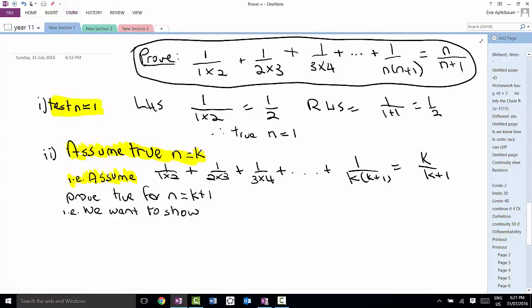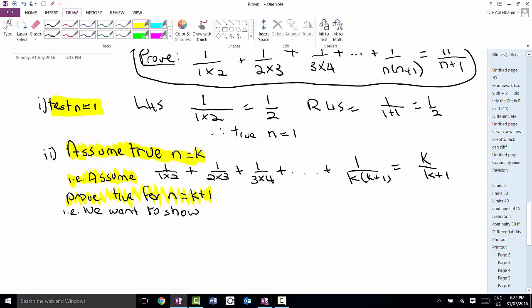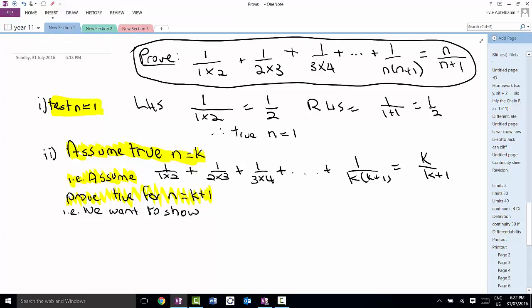Then we always write, prove true for n equals k plus 1, i.e. we want to show, and you think about what we want to show. You might want to pause this video and write it down.